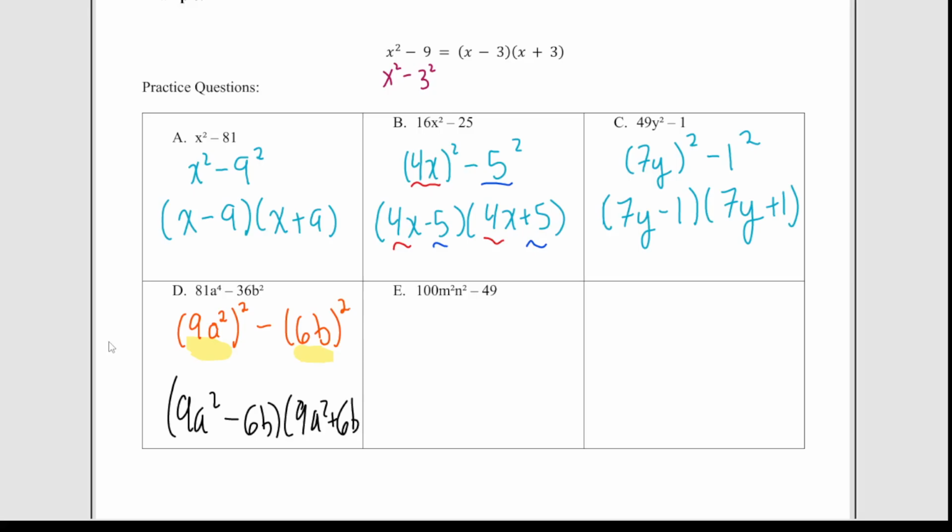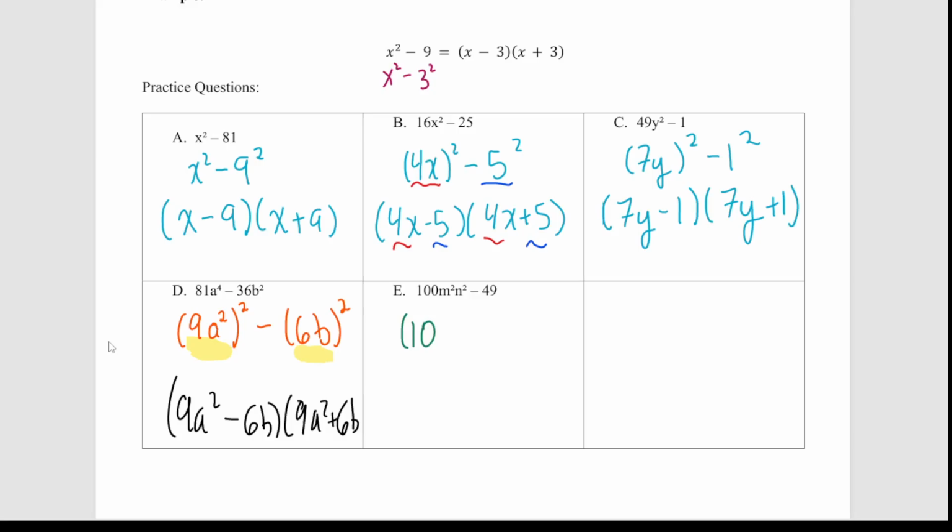And then you're done. So again, the key is to recognize what must have been initially squared. Same deal here. So that first term, 10 times 10 gives us 100, so 10 must have been squared. m times m gives us m squared, so it must have been an m. n times n gives us n squared, so that must have been an n, all being squared. Notice my usage of parentheses.